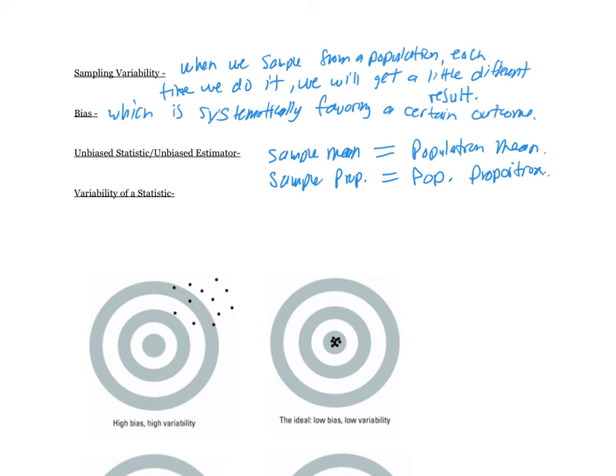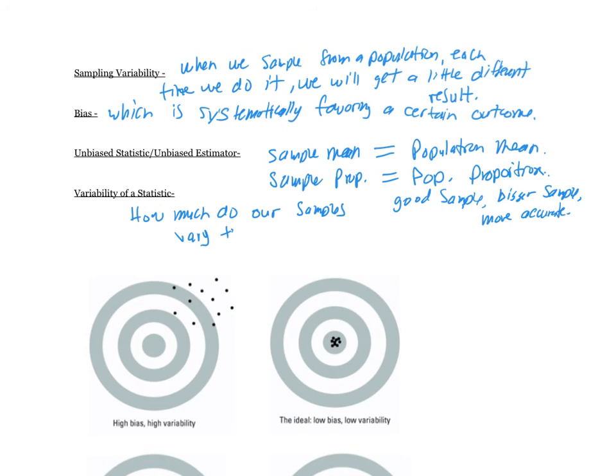In a couple of ways we affect that. We take a good sample using a proper method, and the bigger the sample, the more accurate our results will be, and we'll be studying that. And the variability of a statistic is simply how much our samples vary around the mean.